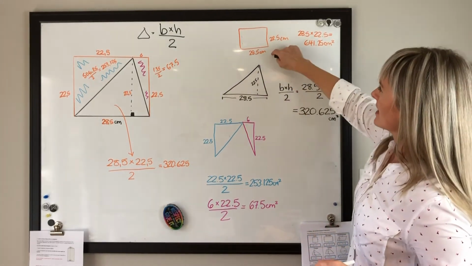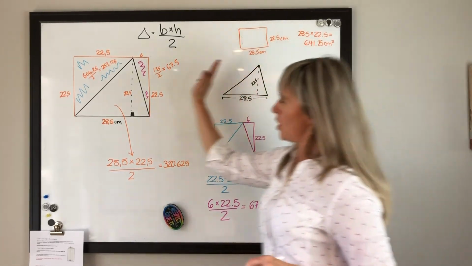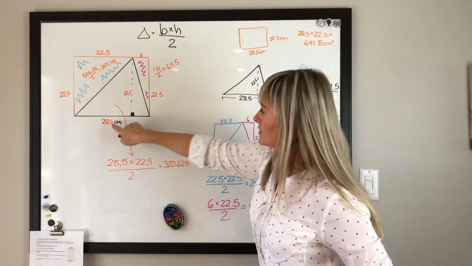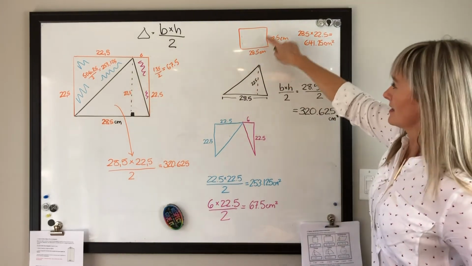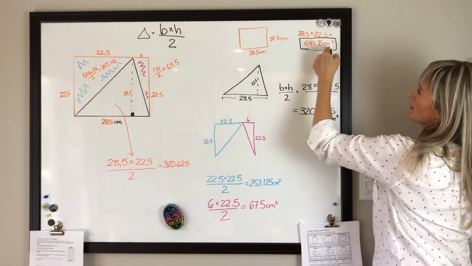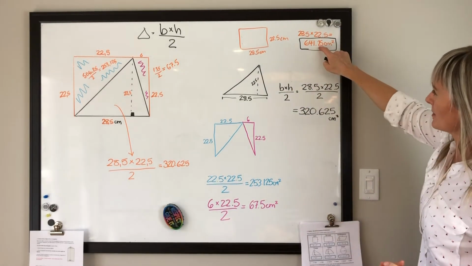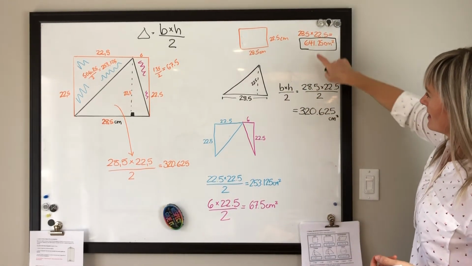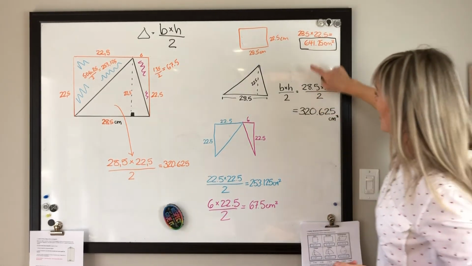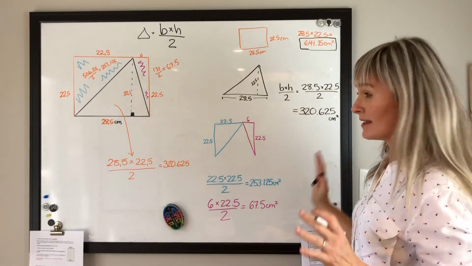Okay, what is the area of the rectangle if we took all of it? The area of the rectangle is 28.5 times 22.5, length times width. That's going to give us 641.25 centimeters squared. Well, what do we notice about this number and this number? This divided by 2 is that. So this is half of that number. So far so good.